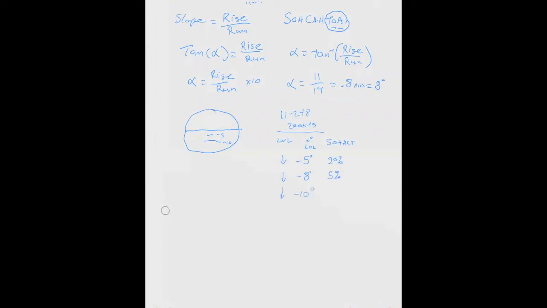And 10 degrees nose low, we have a choice, 3 to 4% or 25% and speed brake. So 11-248 basically is saying that the most nose low we're going to plan on going is 10 degrees. So that 10 degree nose low represents 100% of our descent profile.